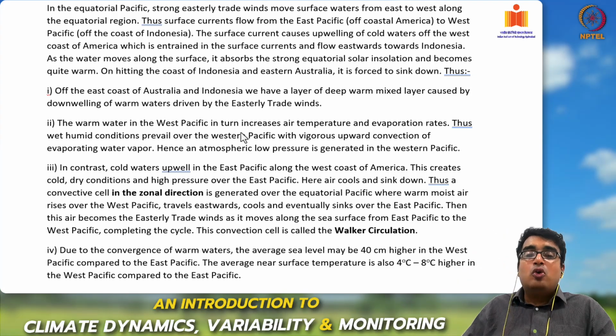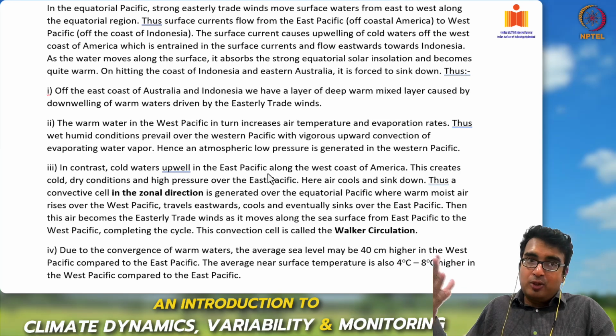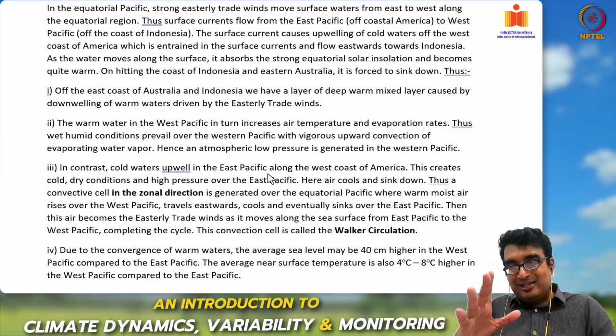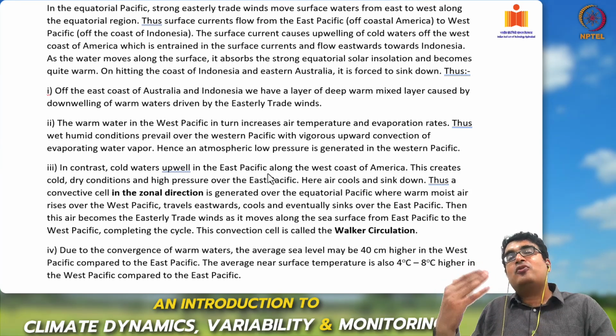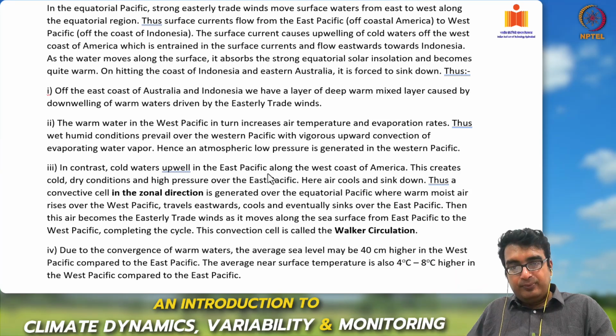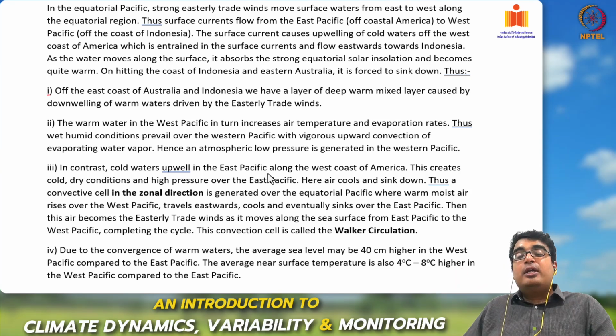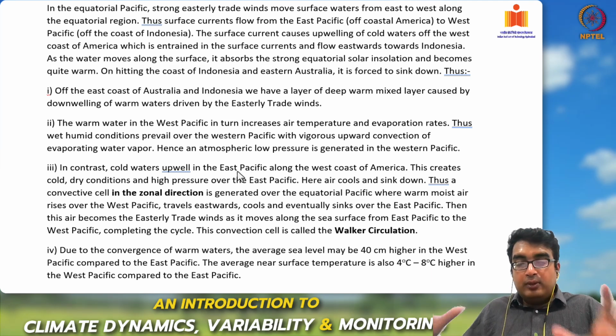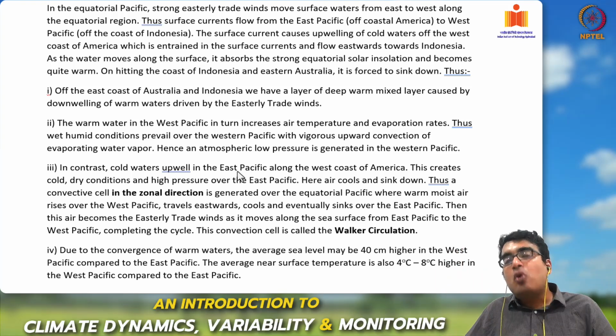In contrast, cold waters upwell in the East Pacific along the west coast of America. So remember, Eastern Pacific is adjacent to the west coast of America. Western Pacific is adjacent to the east coast of Indonesia, Australia and Asia. So, in the East Pacific, the water is cold due to local upwelling, and hence the air also becomes cold under the influence of the cold water.